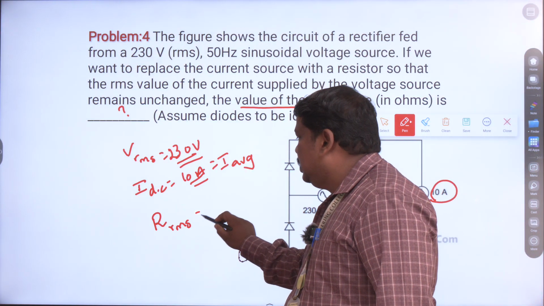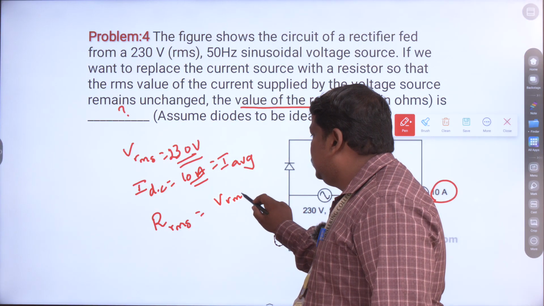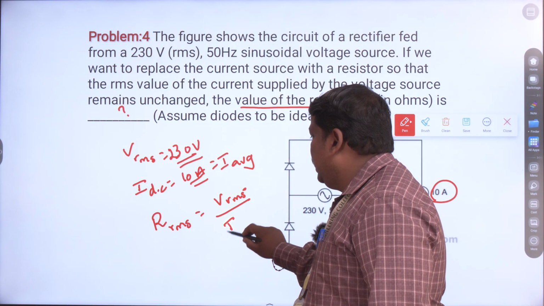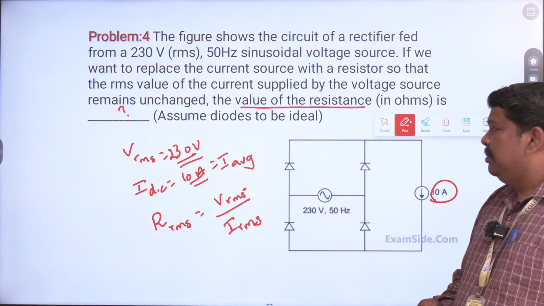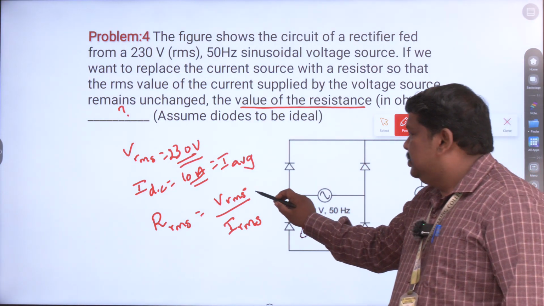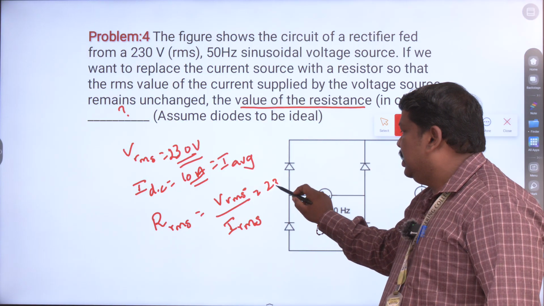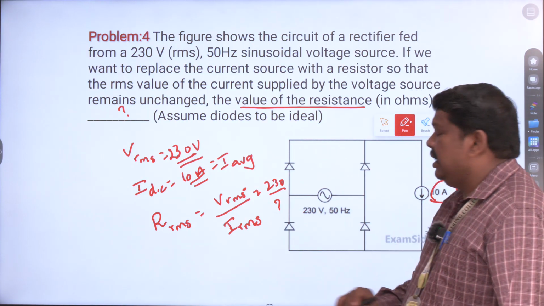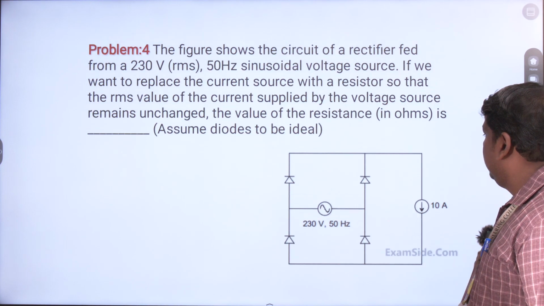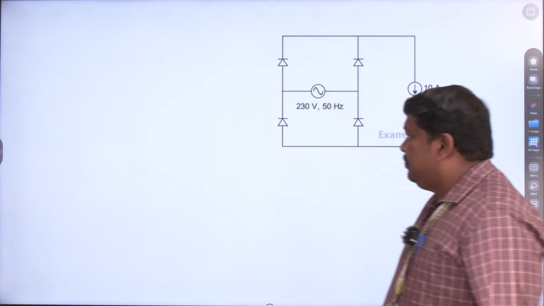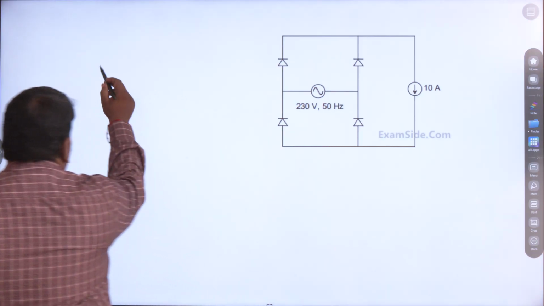RMS resistance is equal to VRMS divided by IRMS. We have to find the value of VRMS divided by IRMS. The VRMS value is given as 230. Now we have to find IRMS. How can we find IRMS?